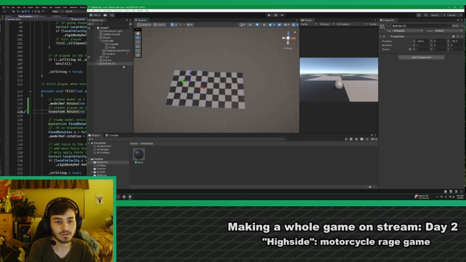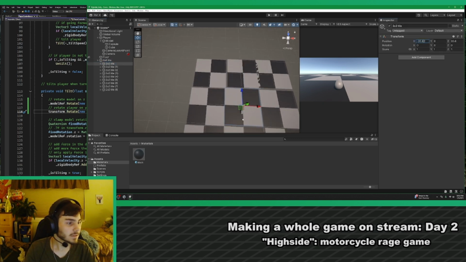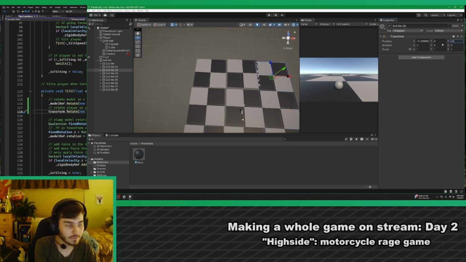Oh, it does work. Lovely. Okay, so let's get all of these nice and neat. 20. Love. Don't you just love making floors? I love making floors. Here? Yes. 20. 40. 40.